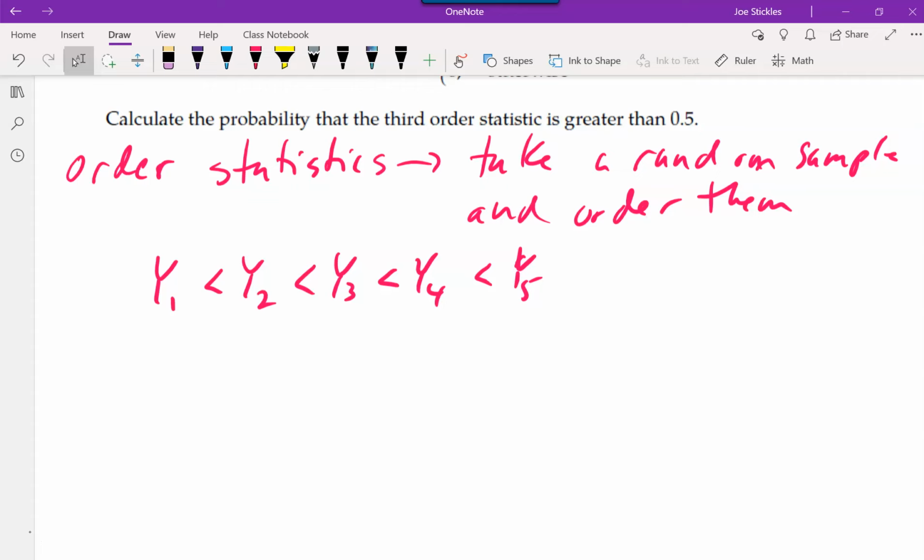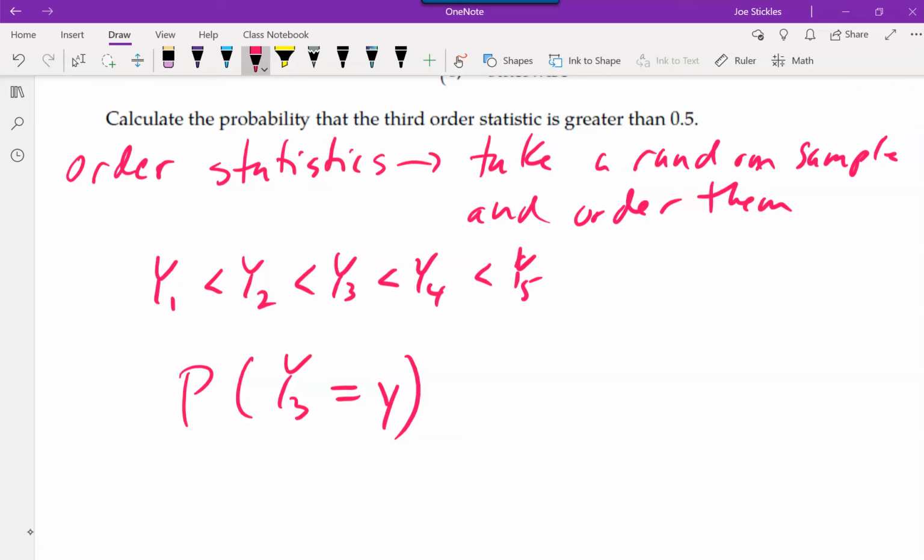If I wanted the probability that y3 was actually equal to a y, what would that mean for the individual pieces? Well, I would need that y3 was actually the y. One of them is actually equal to y, correct? And y4, y5 greater than y. Two of them have to be greater than y. Two of them have to be less than y, right?